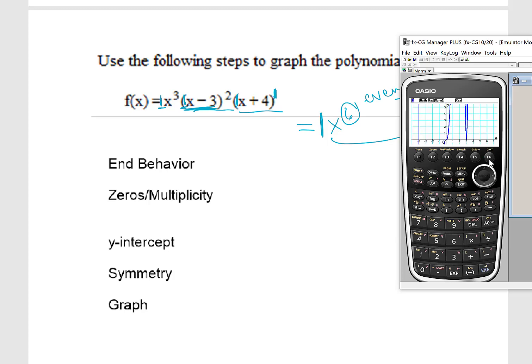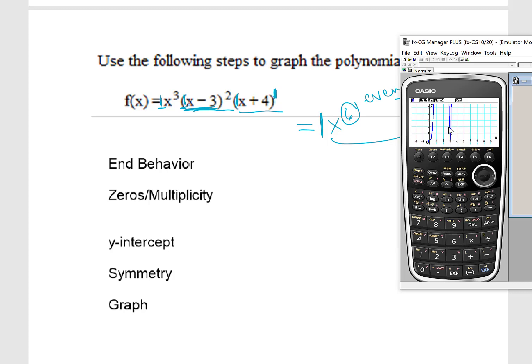Now this is important, especially look at this one. This is important that we know about end behavior because look, if I was a little bit scooted off the screen to the right or to the left, or if my screen was smaller, I might think, let me scoot a little bit over to show you.